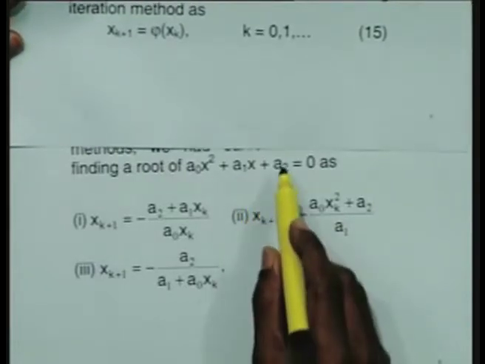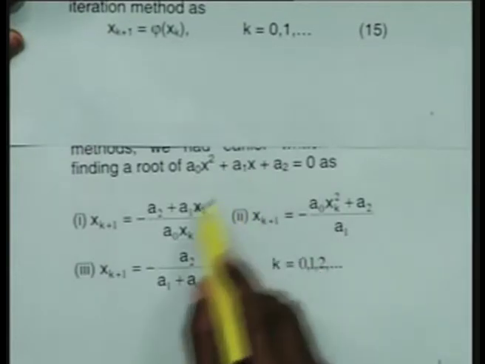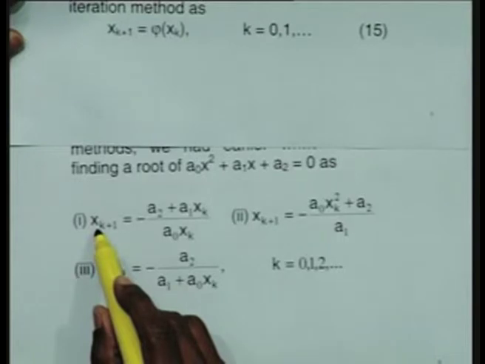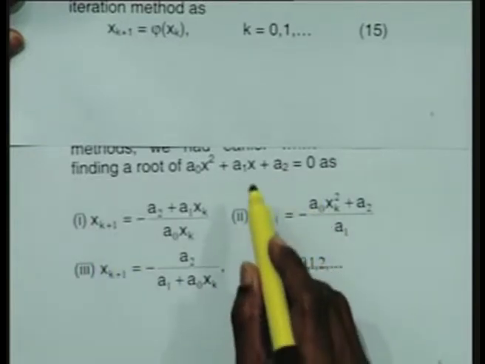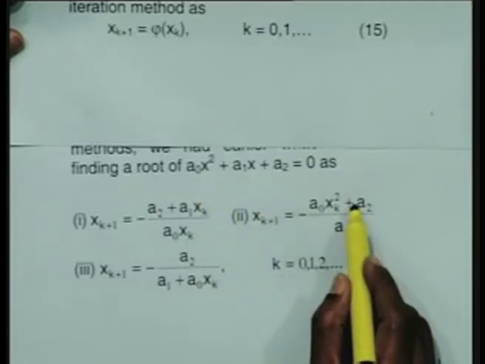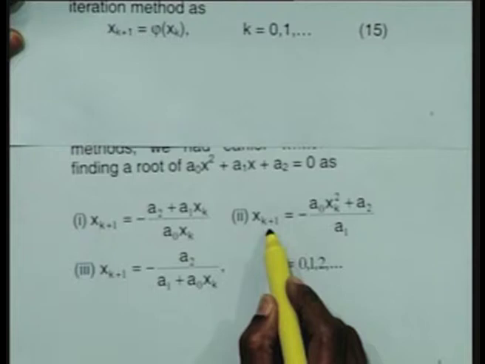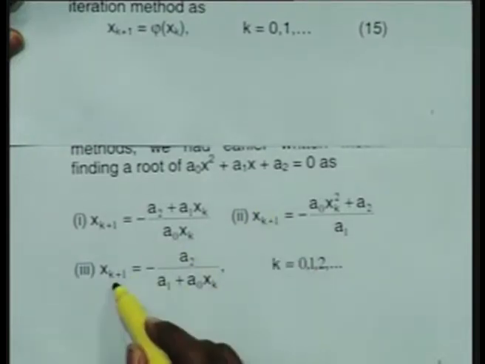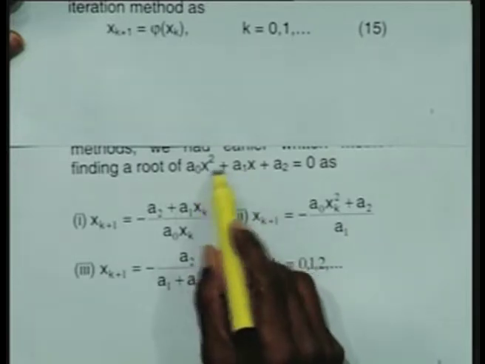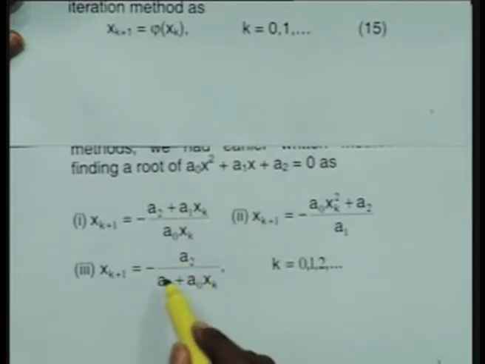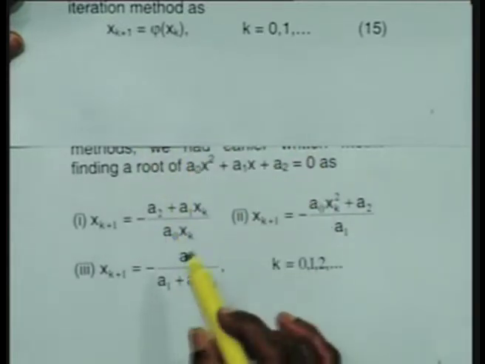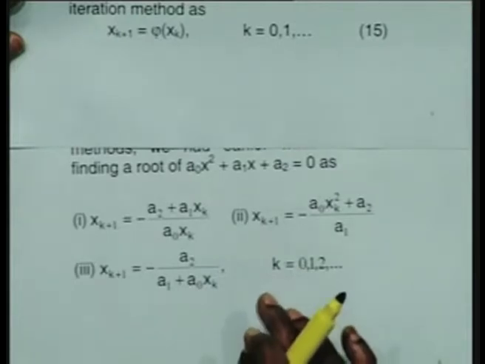We have taken a2 plus a1 x to the right hand side, divided by a0 x_k, and written a method like this. Alternatively, we said that I can retain the middle term here and then take these two terms to the right hand side. A division would give me x_{k+1}. And similarly, in the third case we have taken a2 to the right hand side, taken common factor x between these two and then divided it out and obtained a method. So, these are all of the form x_{k+1} = phi(x_k), which we can call a general iteration method.